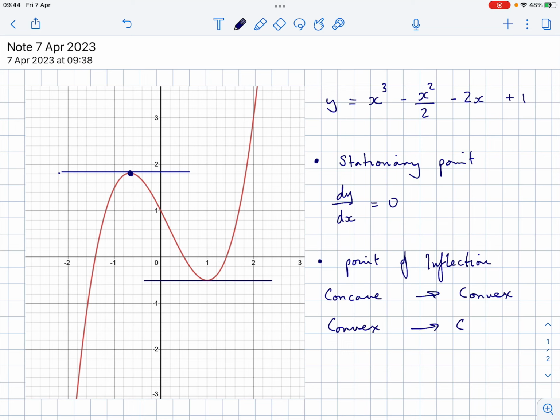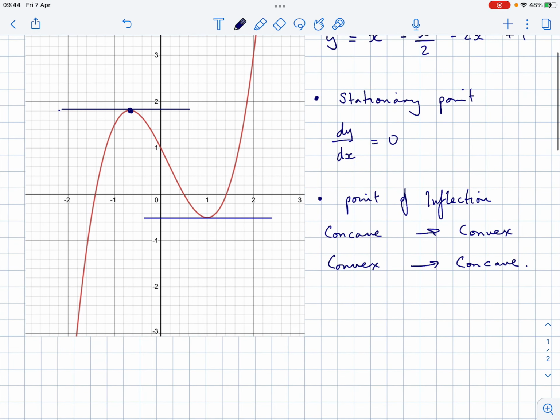The way that we measure whether a graph is concave or convex is by looking at how the gradient is changing. That means we've got to look at the second derivative. This is a measurement of how quickly the gradient is changing. When that is 0, that's when we get a point of inflection.